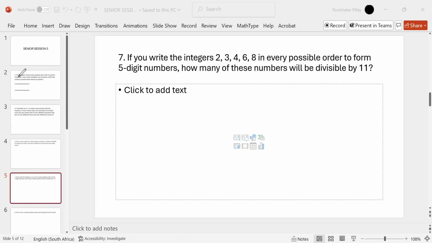So you will draw a box. You'll make it 5 digits. And these five digits are going to be located in that box. 1, 2, 3, 4, 5.